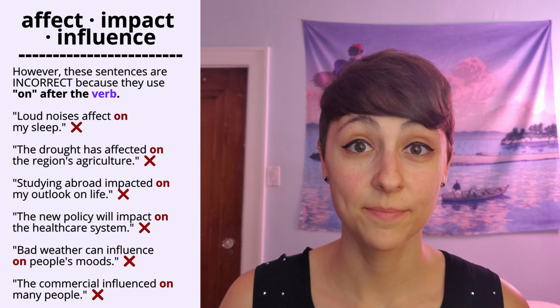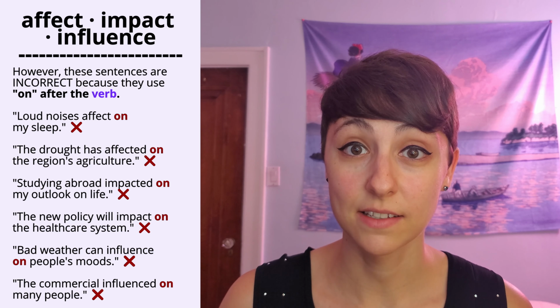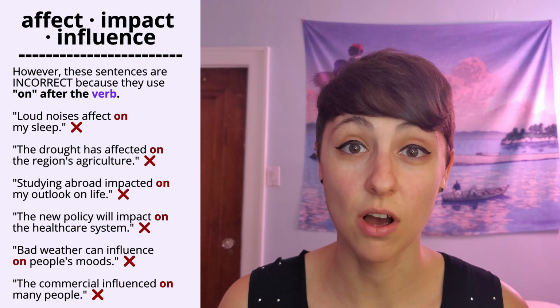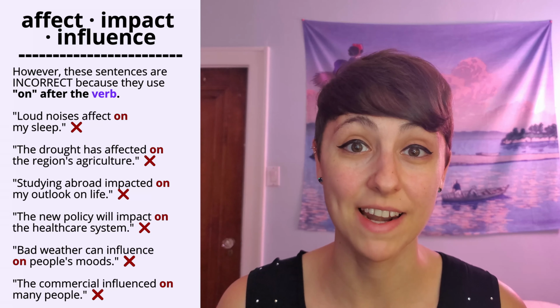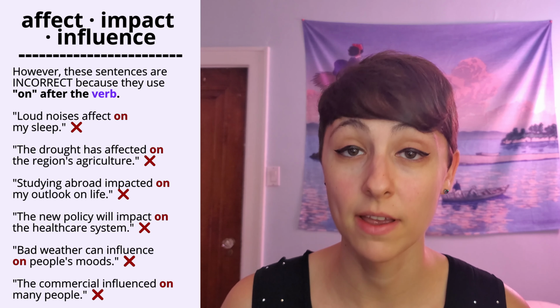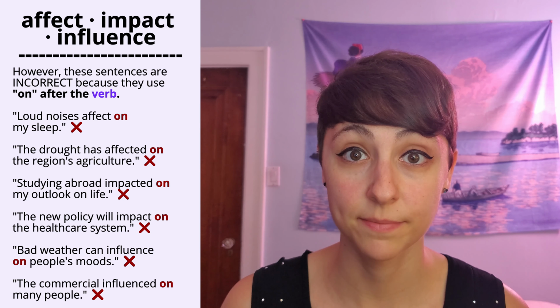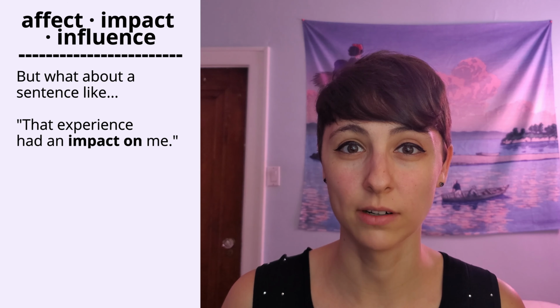On the other hand, these sentences are incorrect because the preposition on is used right after the verb affect, impact, or influence. You might be thinking, but Indiana, I have seen these words with on before.